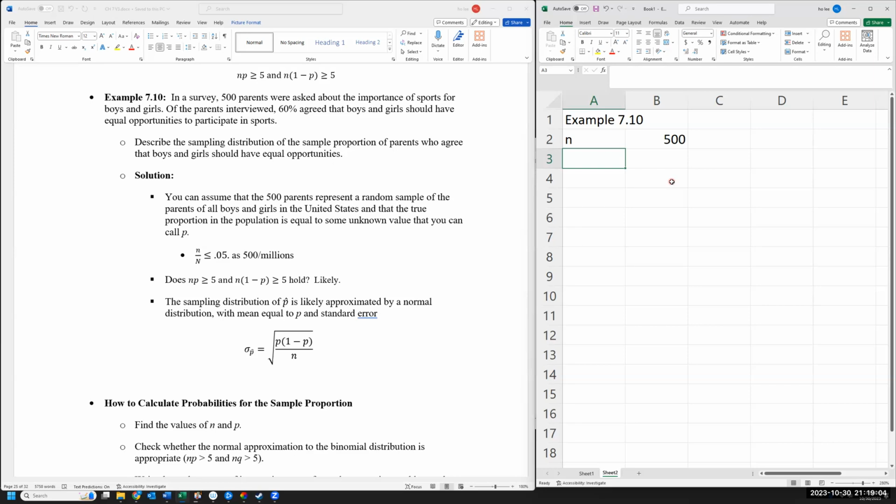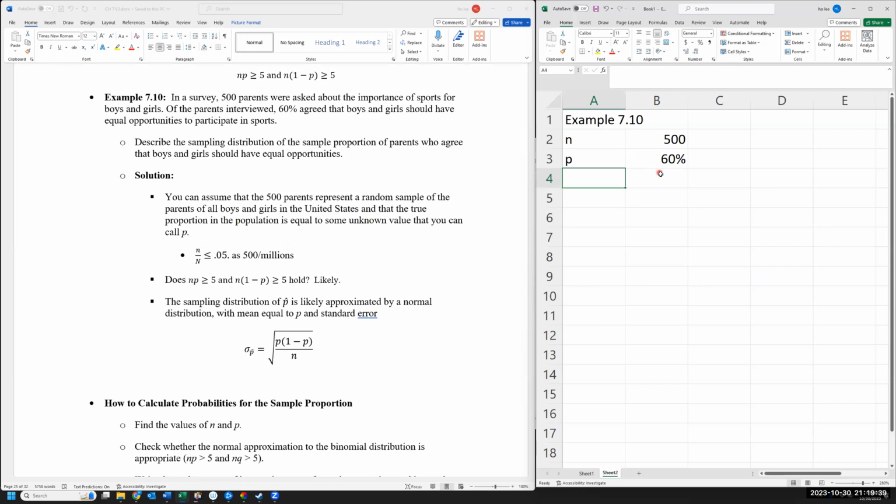Of the parents interviewed, so of the 500 parents, 60% agreed that boys and girls should have equal opportunity to participate in sports. So maybe this is P, maybe this is Q, I don't know, but let's say 60% is P for now. Describe the sampling distribution of the sample proportion of parents who agree that boys and girls should have equal opportunity.